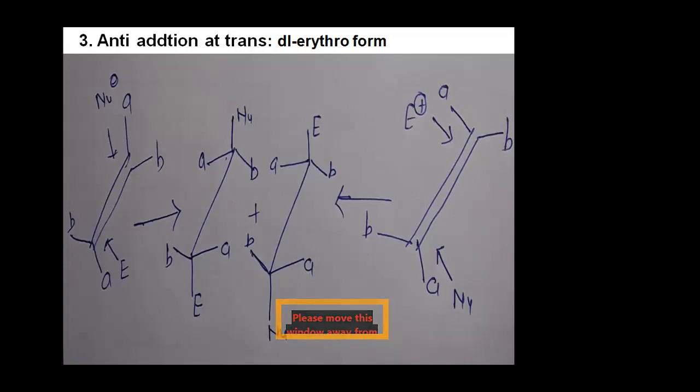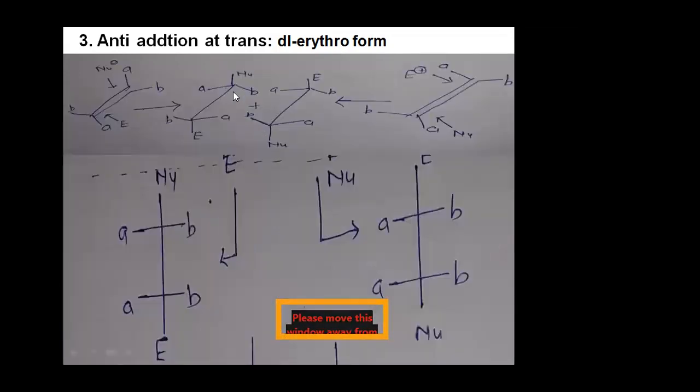So if you want to interconvert Sawhorse projection formula into Fischer projection formula, what do you need to do first? You need to convert the staggered form into eclipse. Then that eclipse form easily converts into Fischer projection form. This is a very important point which I had already discussed when we discussed stereochemistry. So now look, first these two are formed.